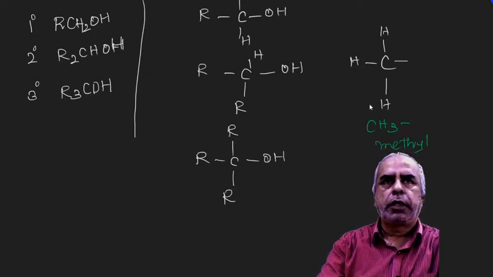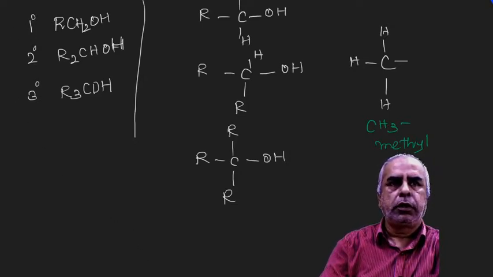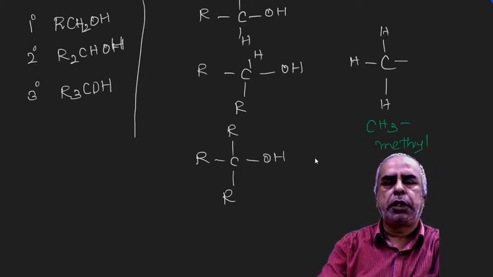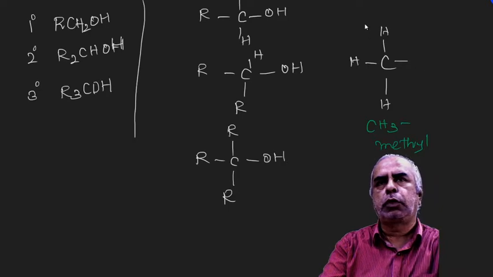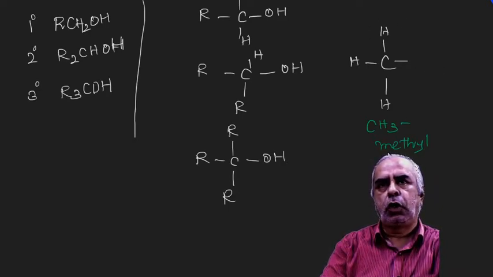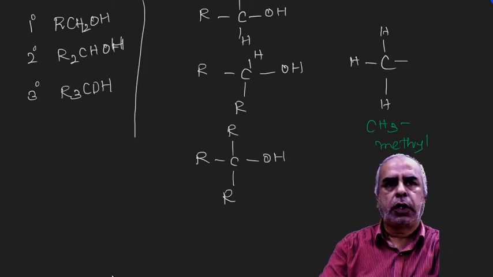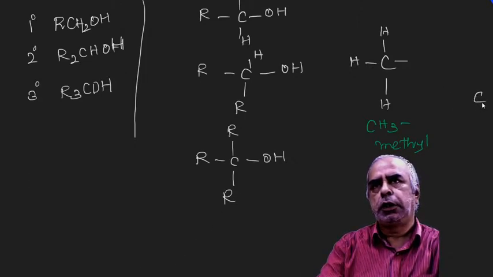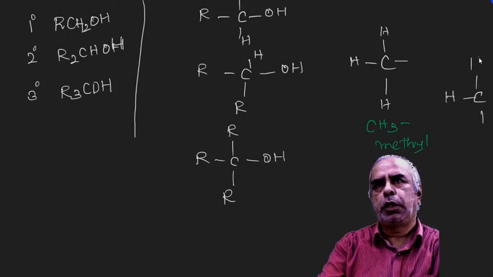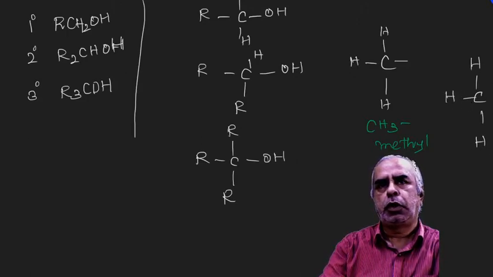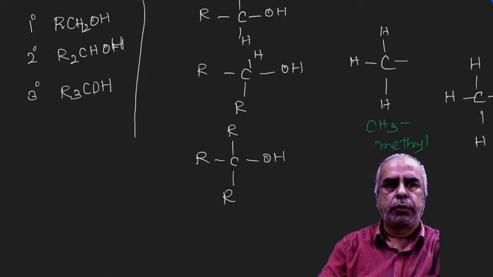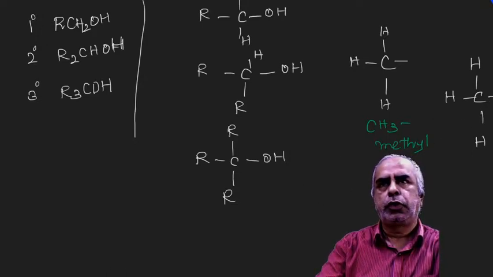Now let me take alcohol here. What is the functional group of alcohol? OH is the functional group. So methyl alcohol means you write C with H H H, and instead of 1 H you put 1 OH.